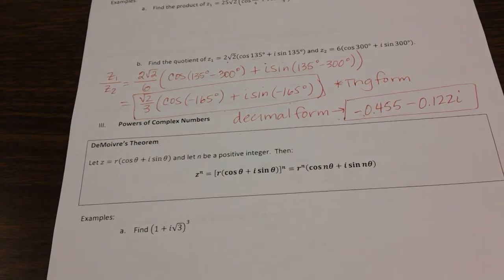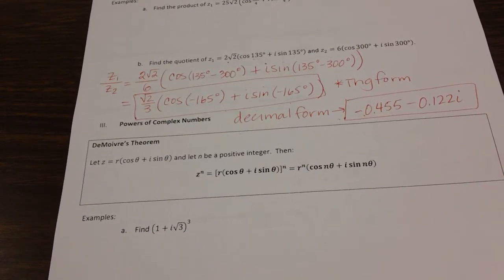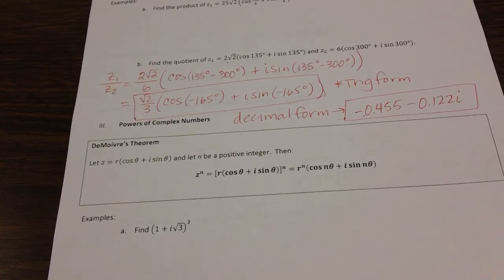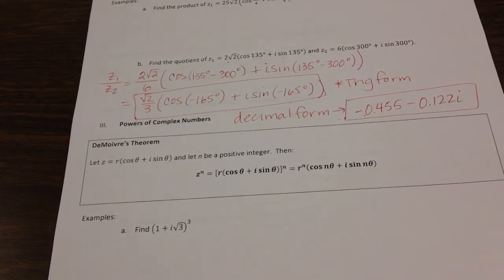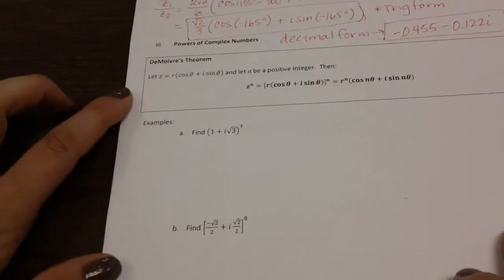Okay, so I'm going to walk you through example A here, and then I'm going to let you try example B. Now, in both cases, it does not matter in this instance whether you use degrees or radians unless it specifies. I'm going to go ahead and use degrees for this case. If you prefer radians, you may use radians, okay?